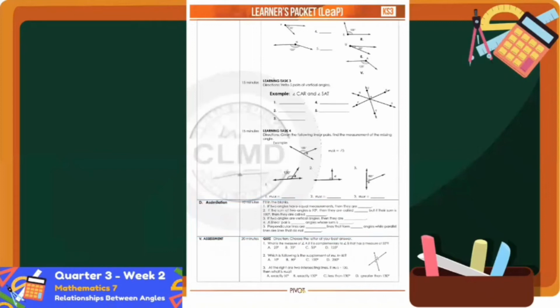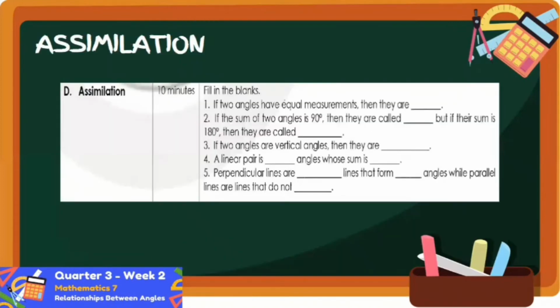This time, let's go to assimilation. Fill in the blanks. Number 1. If two angles have equal measurements, then they are blank. Number 2. If the sum of two angles is 90 degrees, then they are called blank. But if the sum is 180 degrees, then they are called blank.